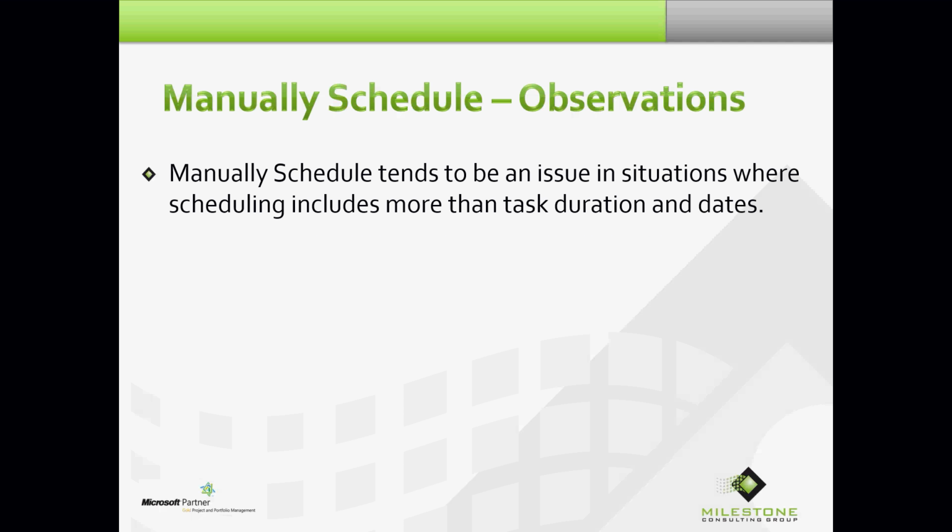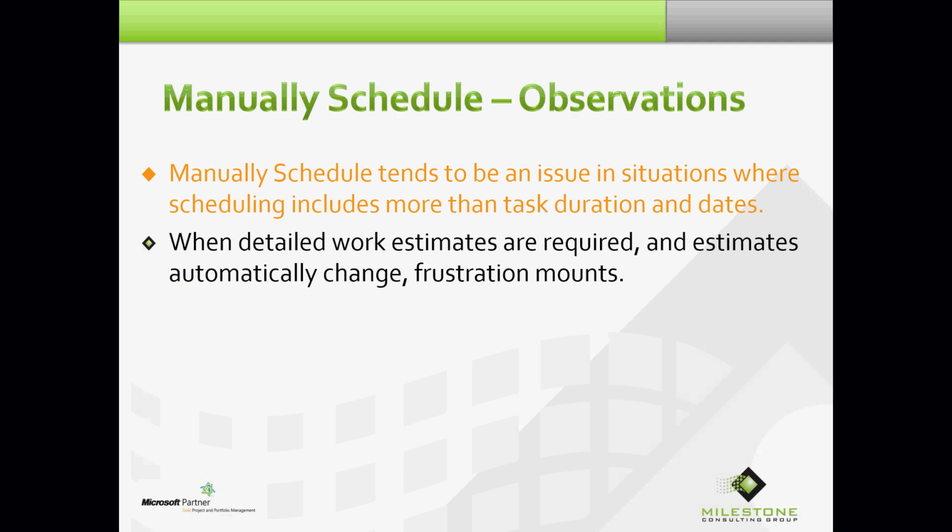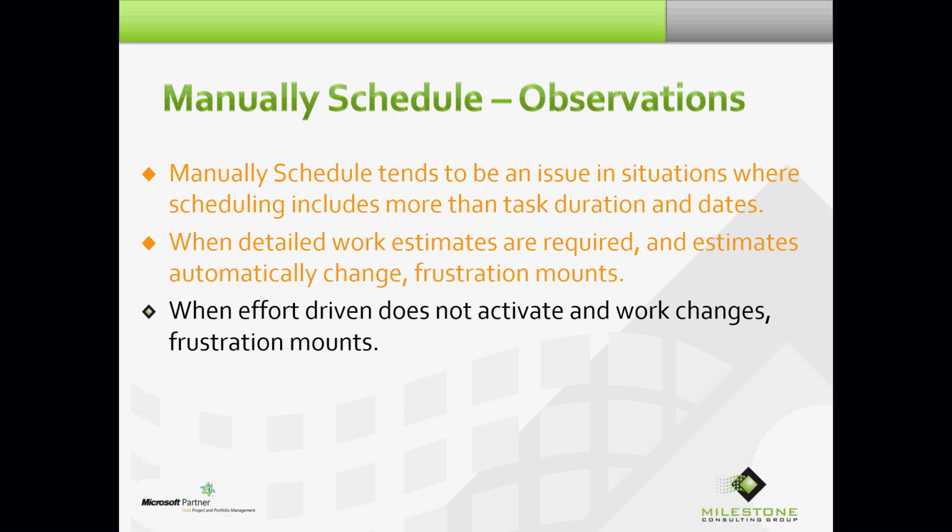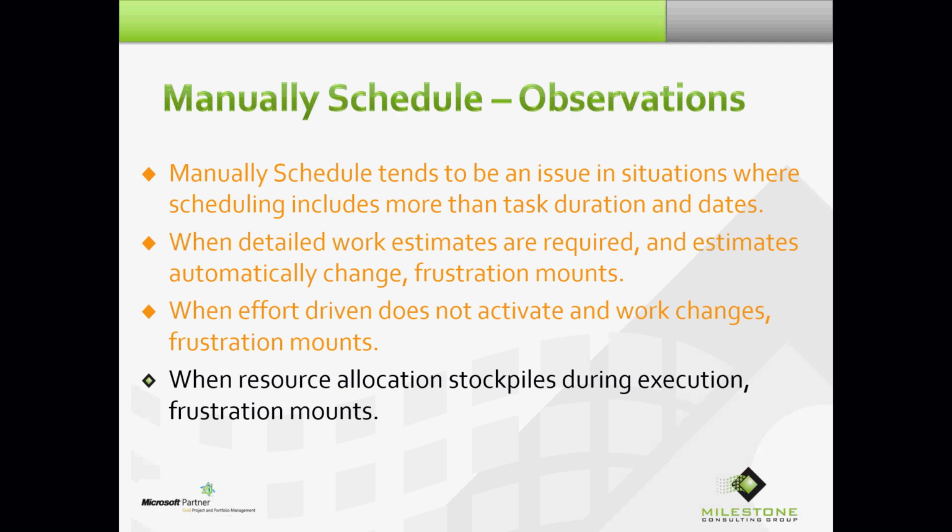Here are some observations. Manually scheduled tends to be an issue in situations where scheduling includes more than task duration and dates, as we just described. When detailed work estimates are required and estimates automatically change, frustration mounts. I'll elaborate on that soon. When effort-driven does not activate and work changes, frustration mounts.